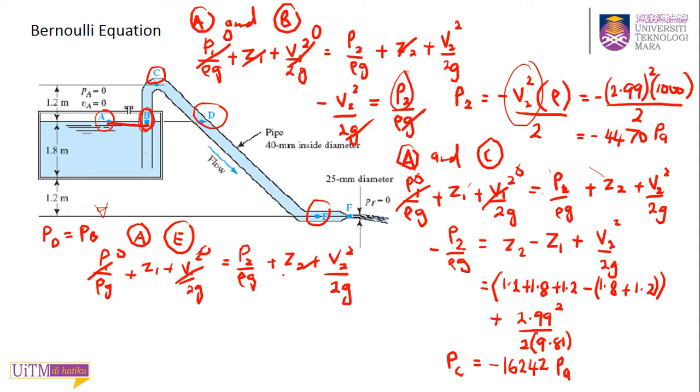Z2 is also 0, Z at E is 0, because this is your reference point.